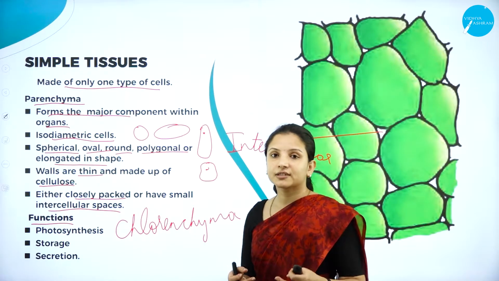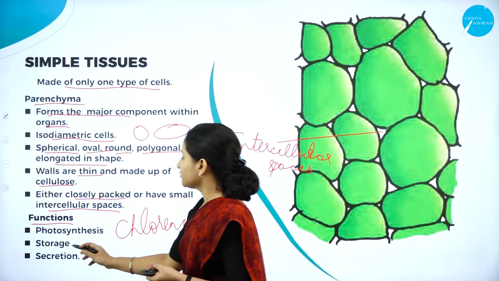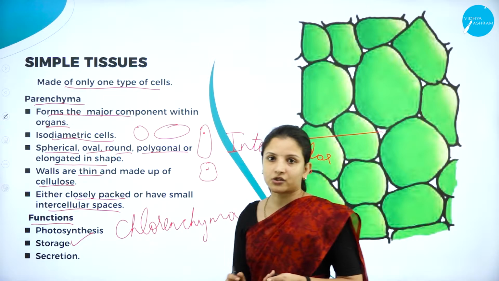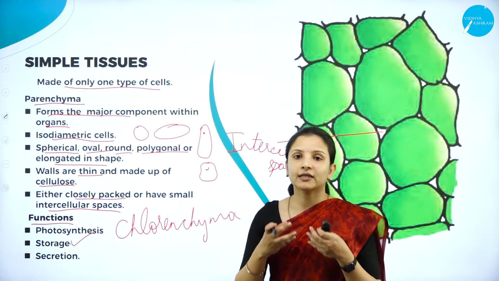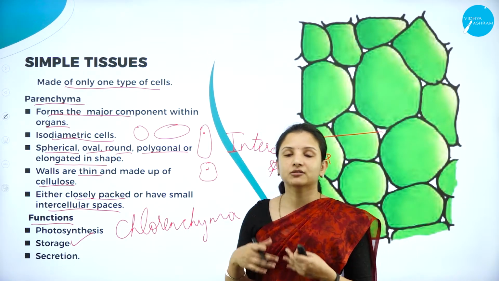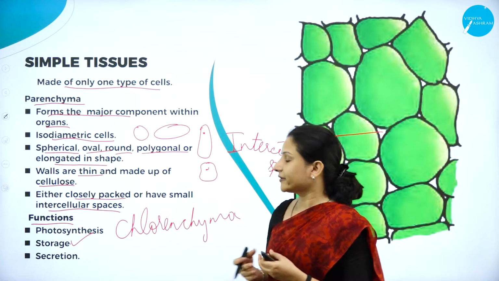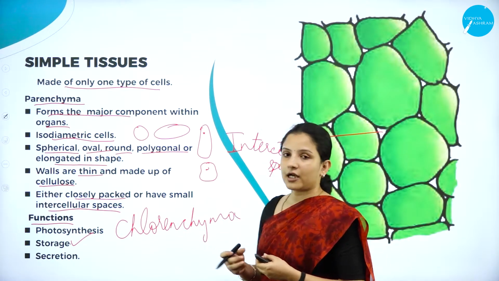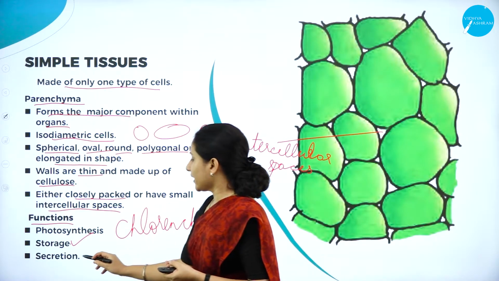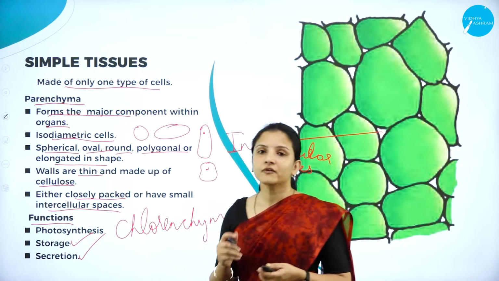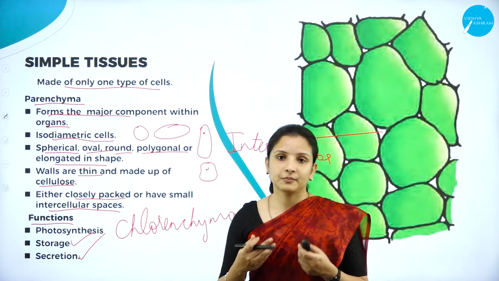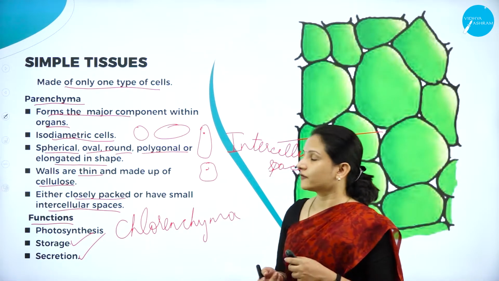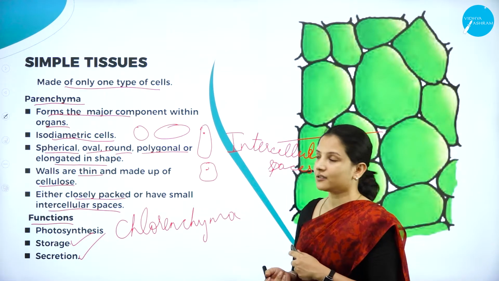Plants are able to synthesize their own food, and they also act as a storage structure. Whatever food has been synthesized in the plant is stored in the parenchyma, either in the form of starch or other materials, and they also help in the secretion of various components in the plant. So this is the function of the simple tissue, that is parenchyma.